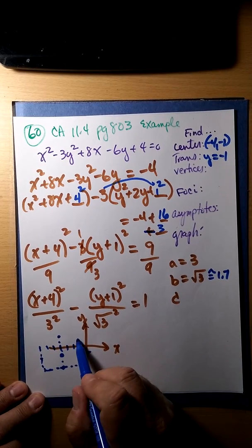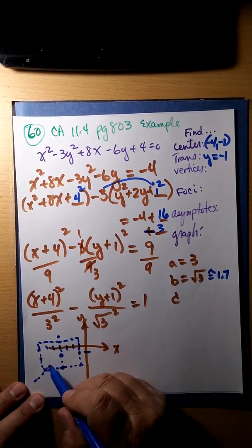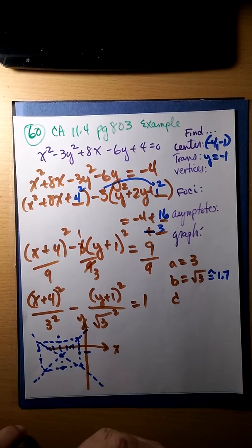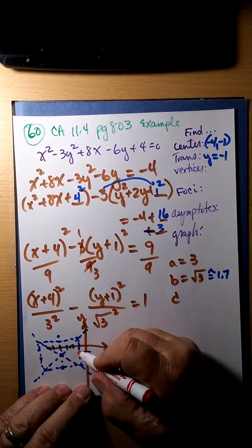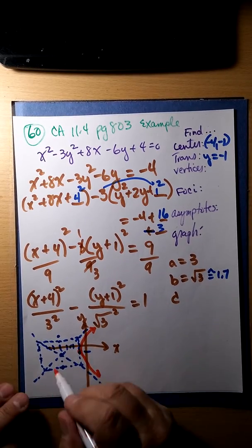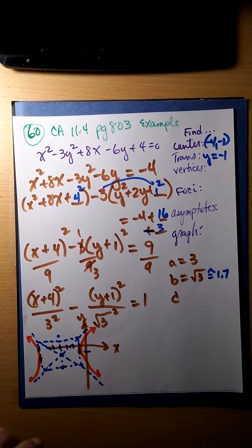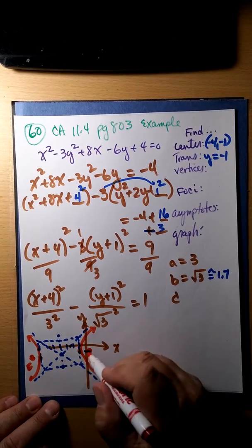See, 1 and, yeah, here it is. We put in the dashed lines for the asymptotes. And now we know, because it opens right and left, start on this rectangle and approach the asymptotes. On this rectangle, approach the asymptotes. Our foci are inside here.